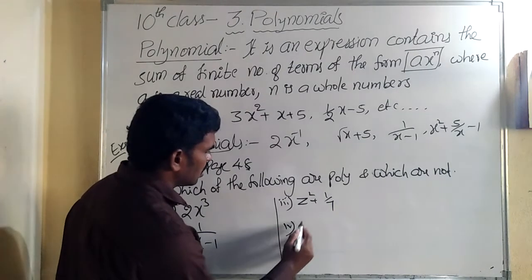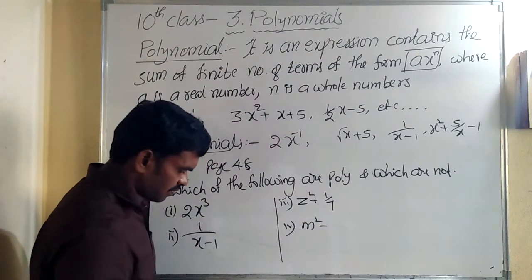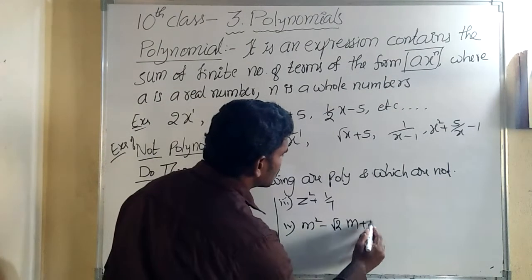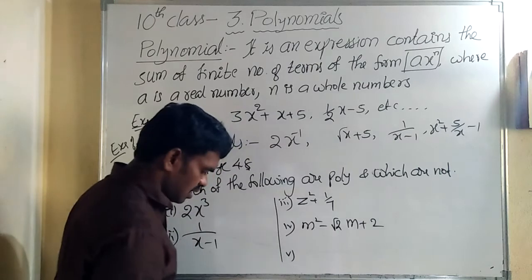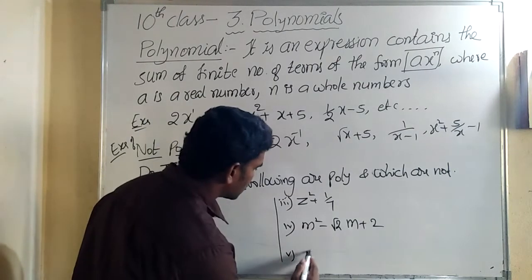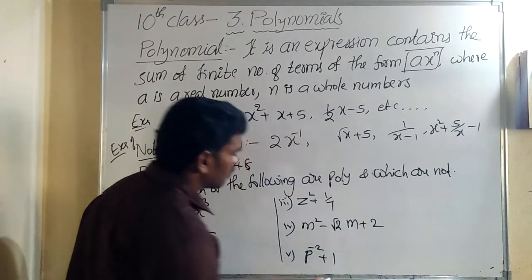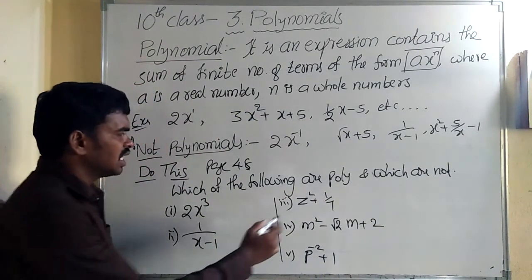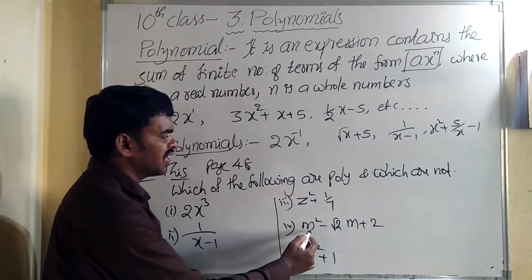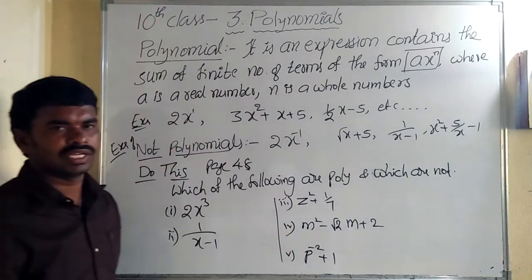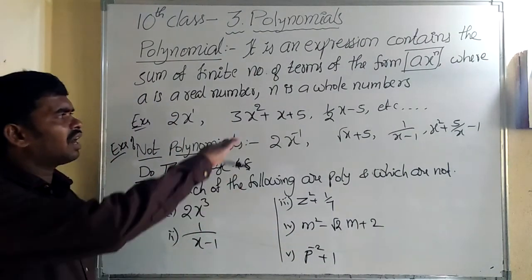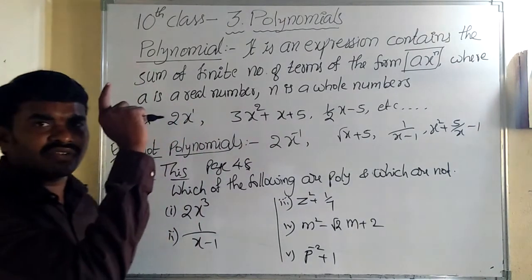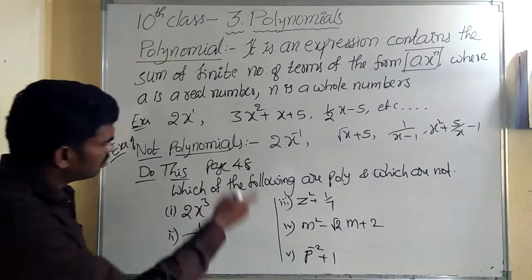And m square minus root 2 m plus 2. And the last one is p power minus 2 plus 1. Observe those. Here the variable is x, here it is z, here m, here p. I have already told you, not only x, you can take variable y, z, m, anything.